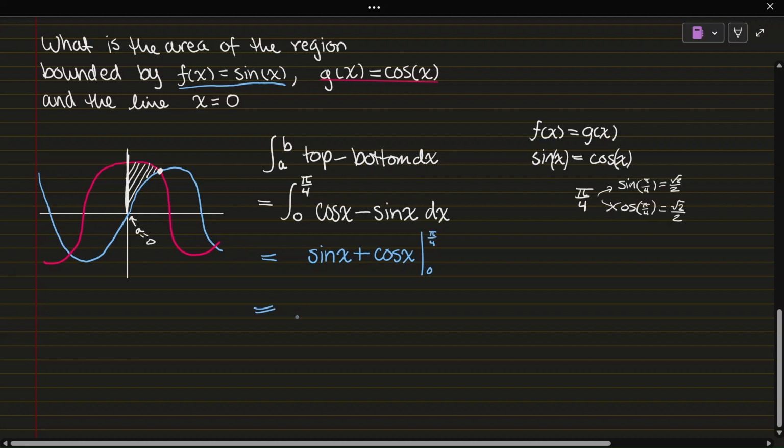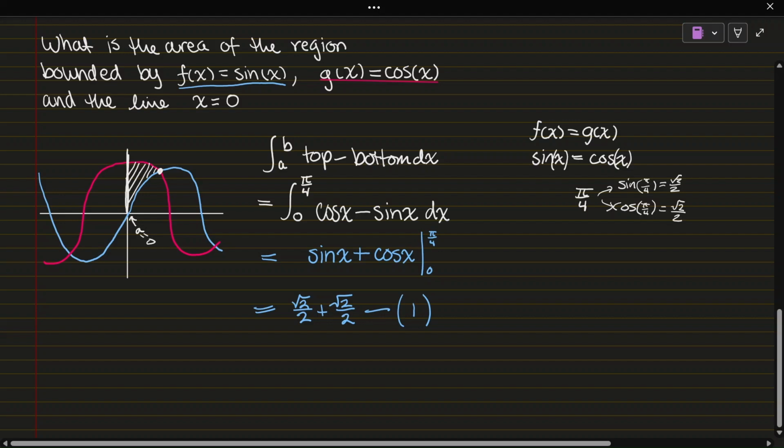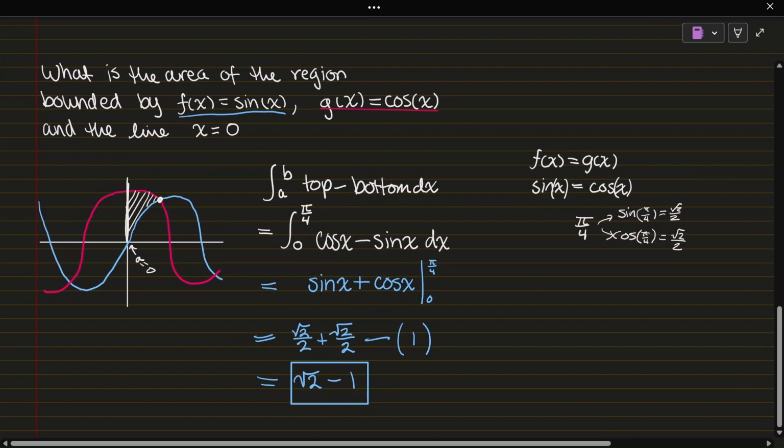So that is going to be sine of pi over 4, we just said, is root 2 over 2, and cosine of pi over 4, again we just said, is root 2 over 2, minus sine of 0 is 0, cosine of 0 is 1. So we get this. So this is root 2 minus 1. And that would be the area of that region shaded in white there. And that kind of wraps up what I wanted to say about area bounded between two curves.